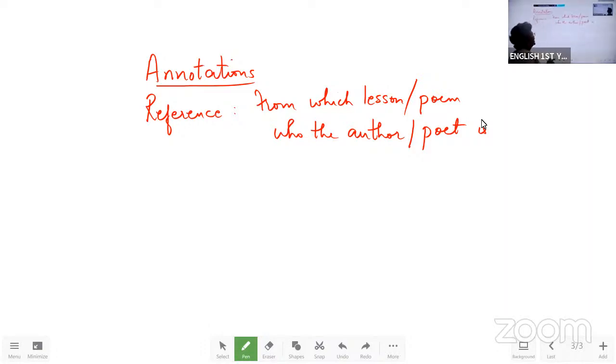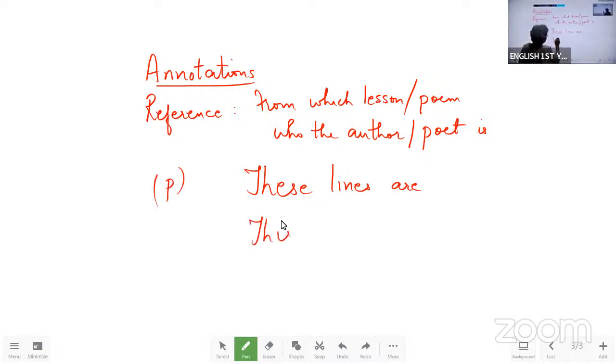And the other thing that you need to remember is a common mistake made by children. These lines are. Here it is the plural that you have taken, and either that or this line is. But you combine both and write these lines is, or this lines are.